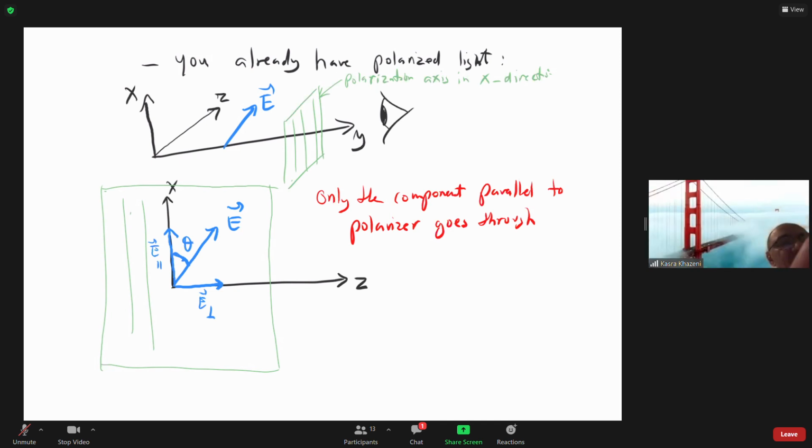If I have polarized light already going through a polarizer, the only thing that comes out is this, which from this right triangle is the magnitude of the electric field going in times the cosine of the angle. So what comes out is this E parallel.